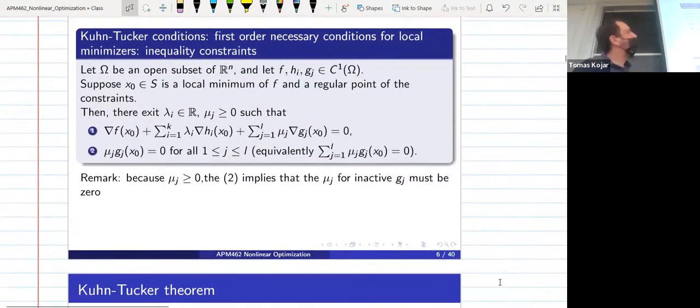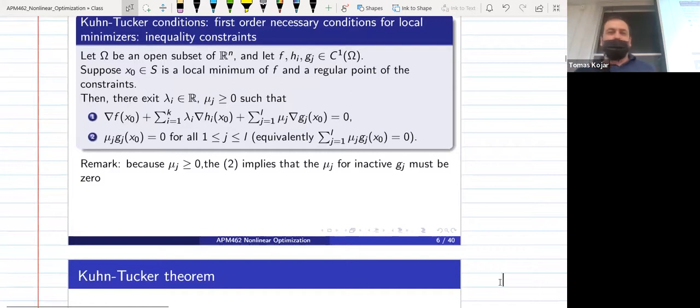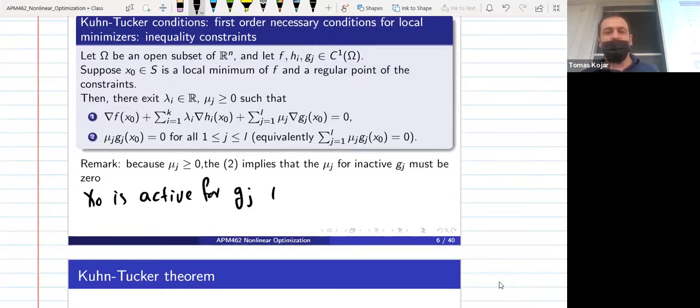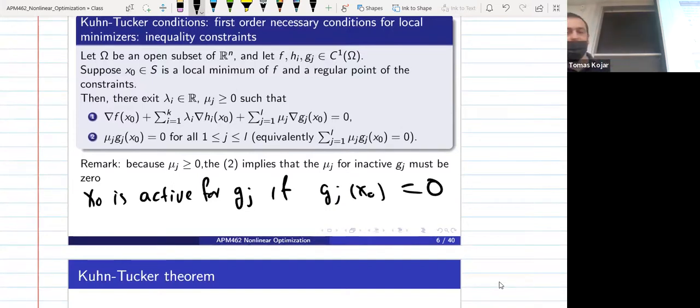Let me dig deep into this second condition. What does it say? Let me remind you again, X naught is active for Gj if Gj of X naught is 0, and inactive otherwise.